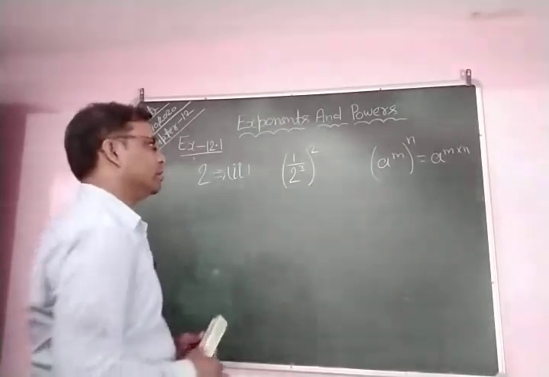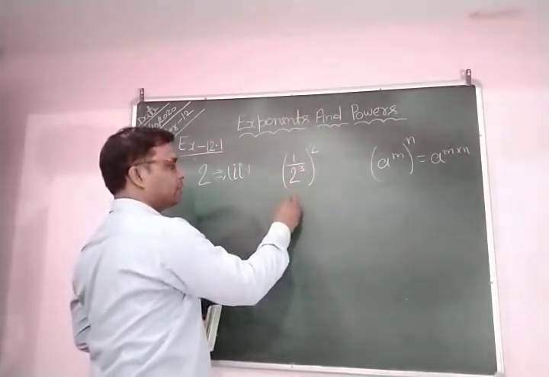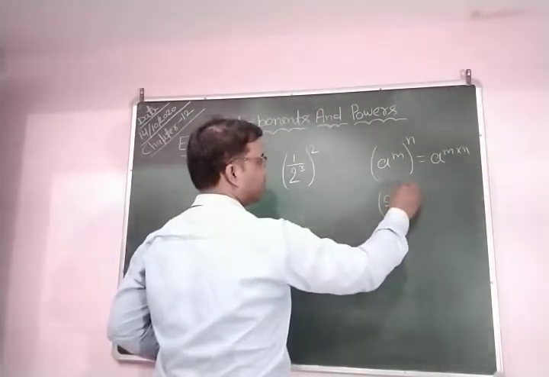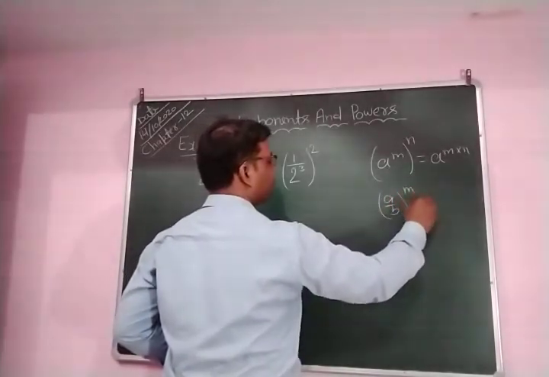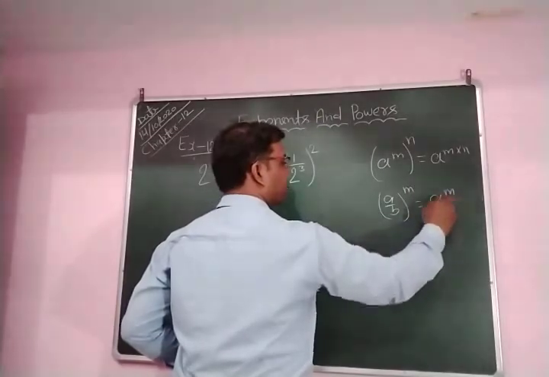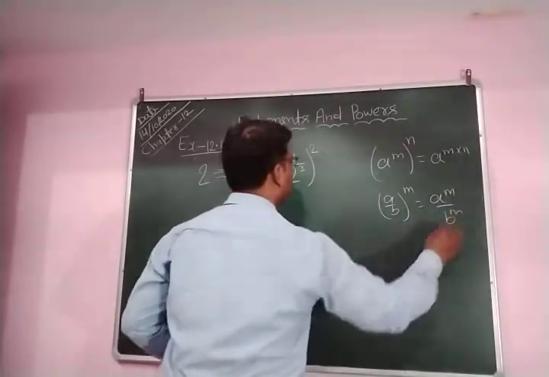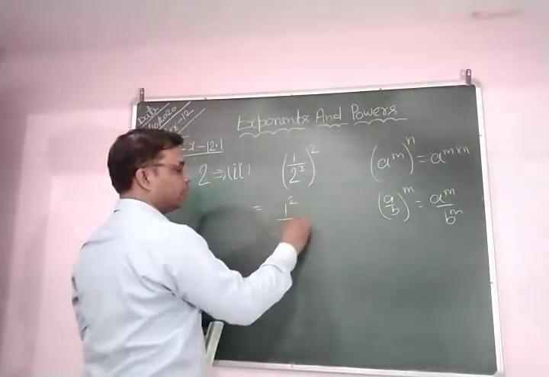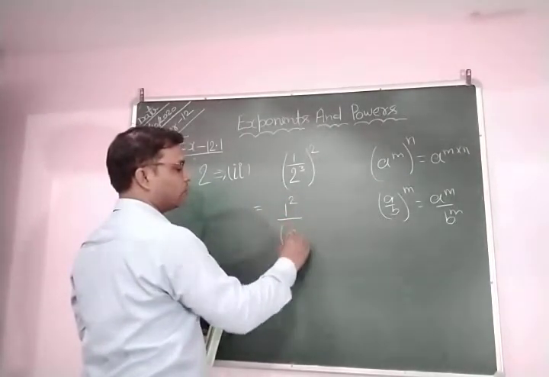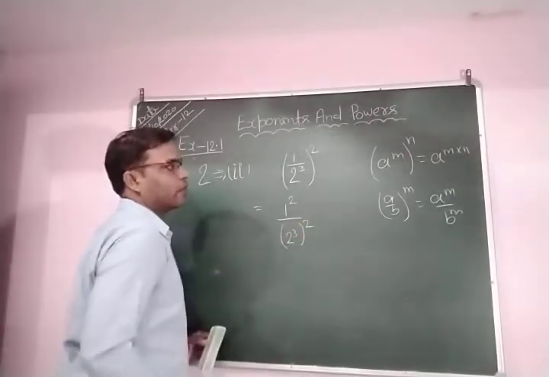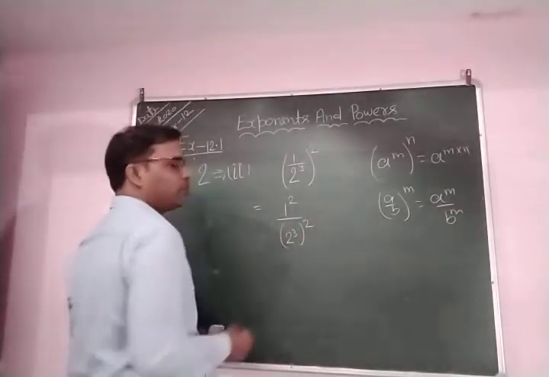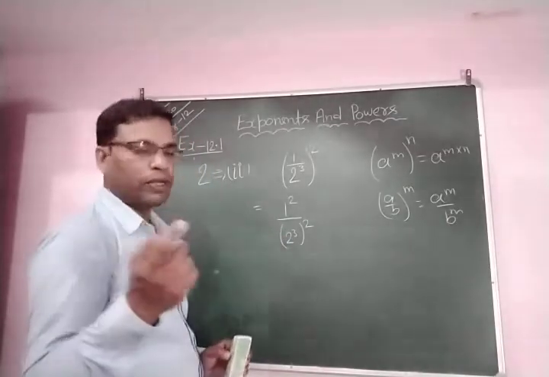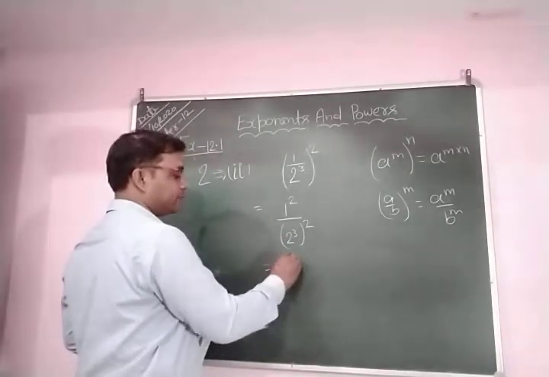You also know that a by b whole power m can be written as a to the power m by b to the power m. When you open this bracket, you obtain 1 to the power 2 and 2 power 3 whole power 2. Here 1 to the power 2 means 1, so you can write 1.